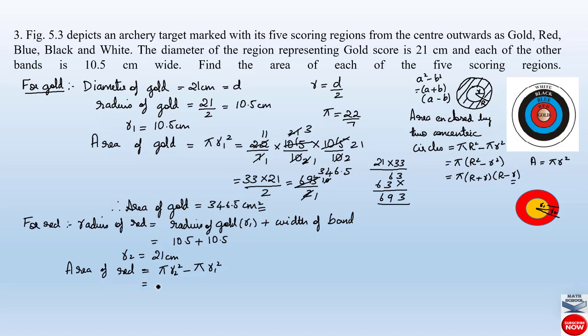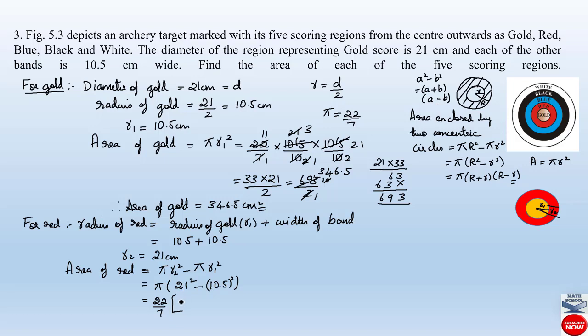Again you can take pi common. What is the value of R2? We found R2 is 21. So it is 21 square minus R1, 10.5, the whole square, right? Again the pi value is 22 divided by 7 into, here it is in the form of a square minus b square, which we can apply the identity to and write as a plus b into a minus b.